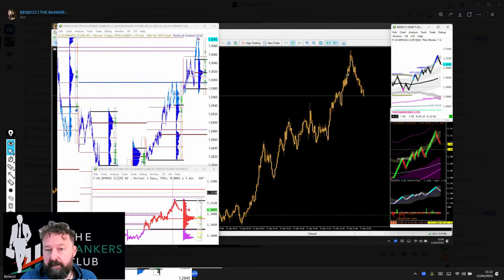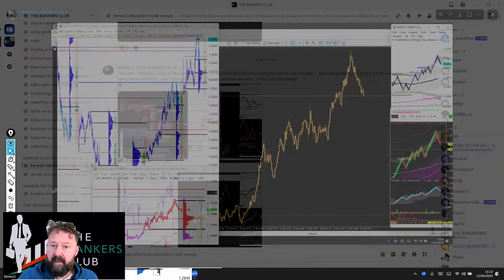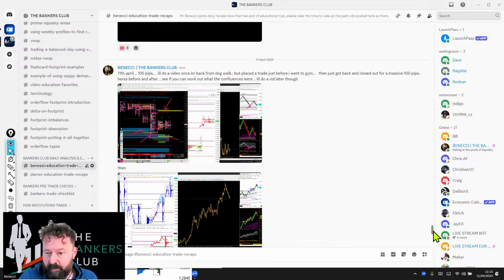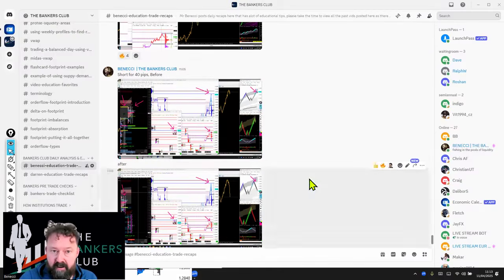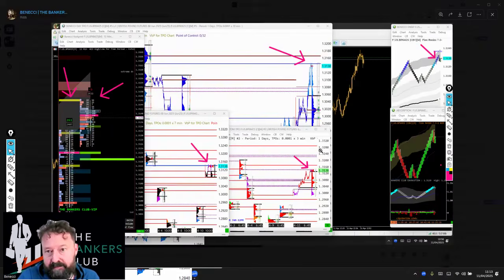There was no reason for me to be taking profits there at all, other than I'd done 100 pips and I was like, I want the money. So as soon as I saw it, I did a little dance and closed out a nice little handsome profit. Then I went out on a dog walk, got back just now, looked, and I had seen price had come up a bit higher into, on the day chart, a low volume node again.